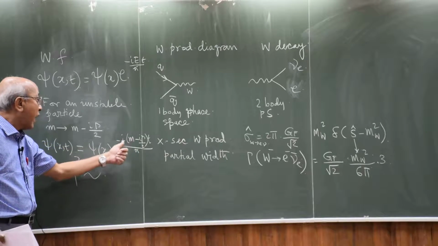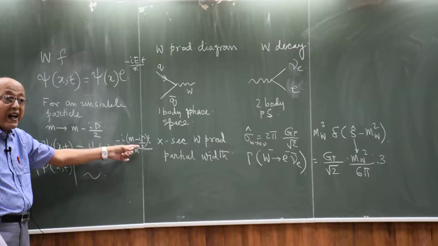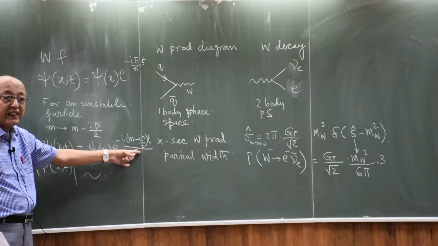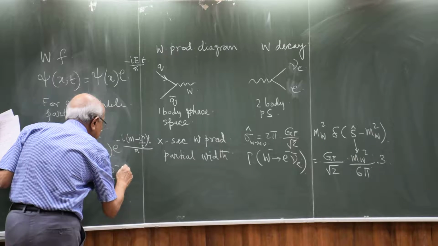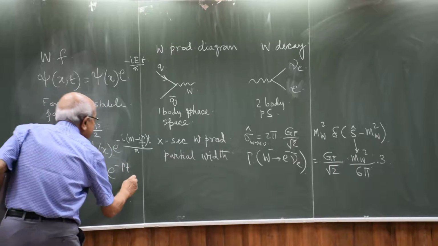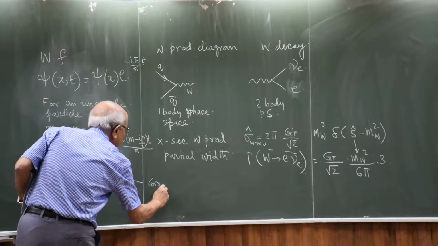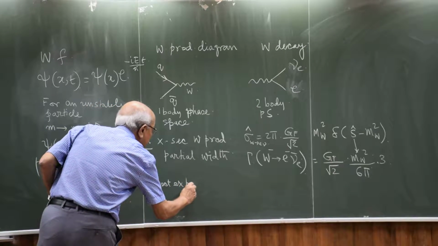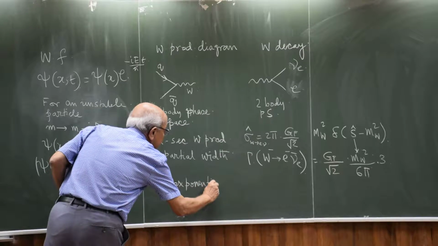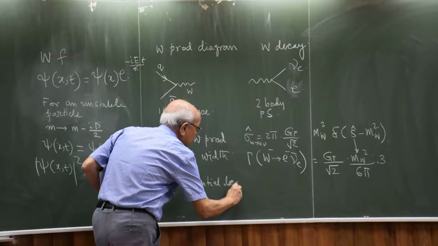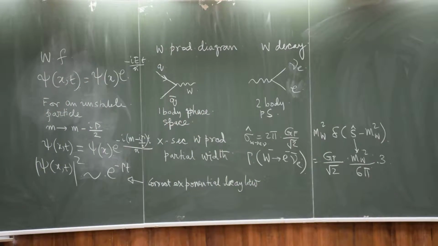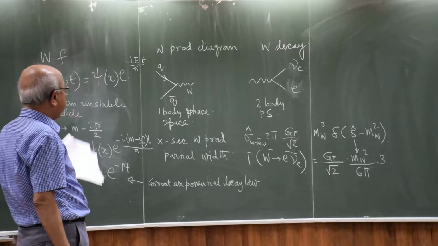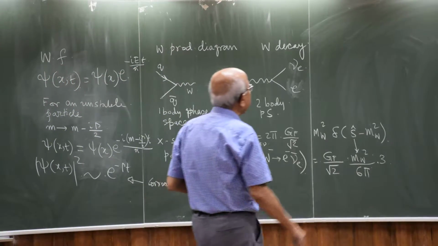But because of these two i's, this is a real term with negative sign, and therefore when I square it, I will get e to the power minus gamma t, and this is the correct exponential decay. Therefore, if we have this prescription in mind, as I told you, a rigorous treatment exists.